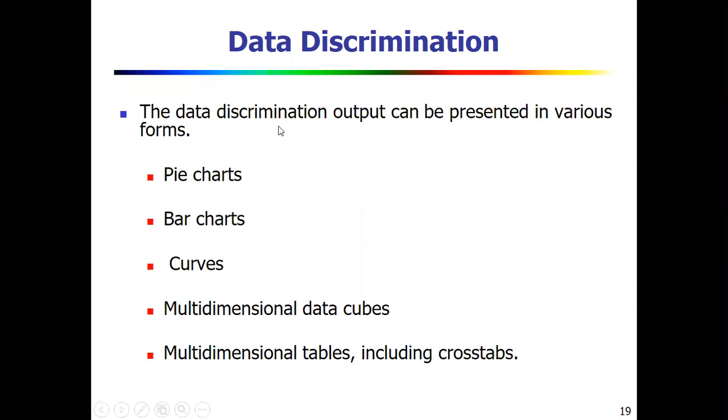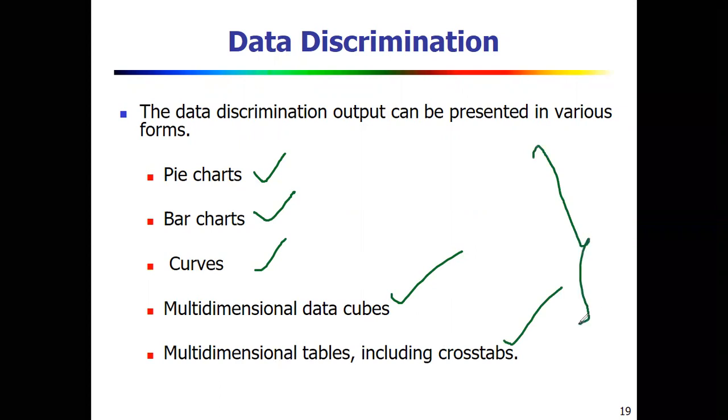The data discrimination output can be presented in various forms, as with data characterization: pie chart, bar chart, curve, multidimensional data cube, multidimensional tables, including row stacks.